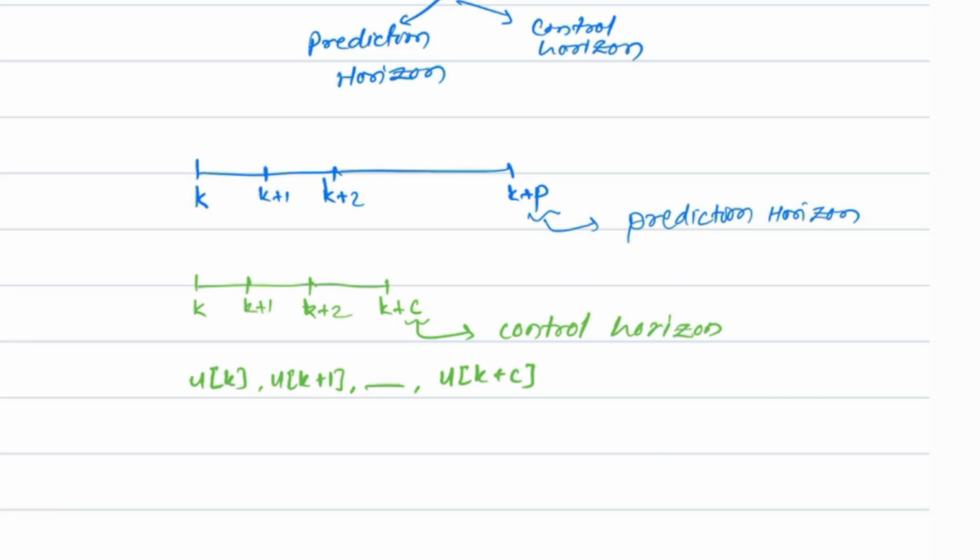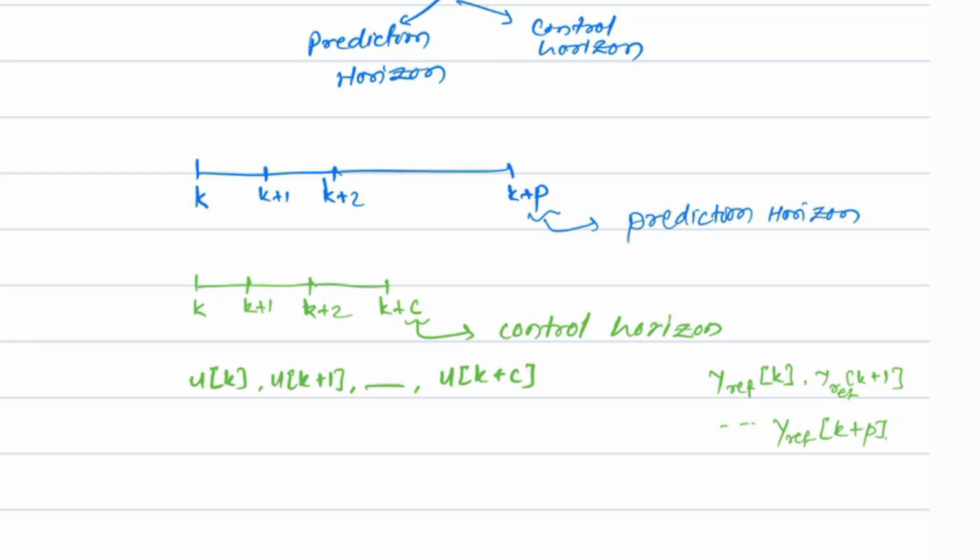So what you do is, you are asking yourself a question. I have a desired reference, say y ref at k, and even if you can have it at k plus 1, and so on up to k plus p. If you are getting it from a planning kind of algorithm or methodology, you can have it up to p, or you can hold it constant.